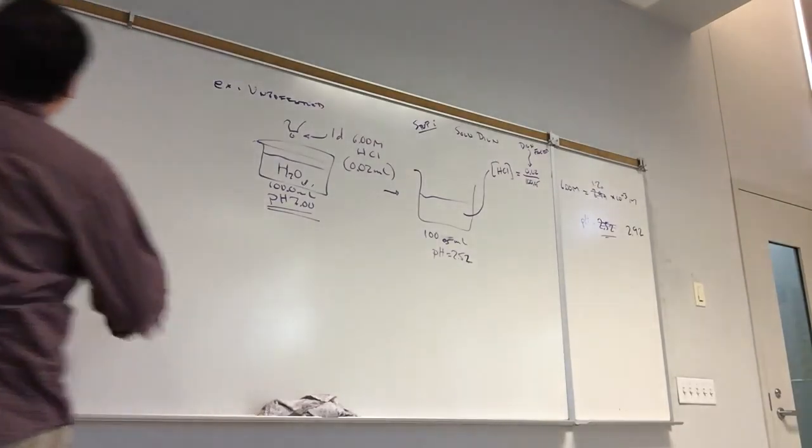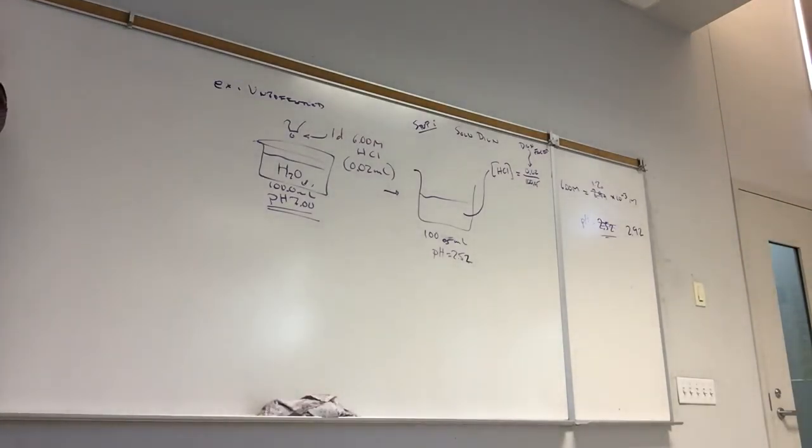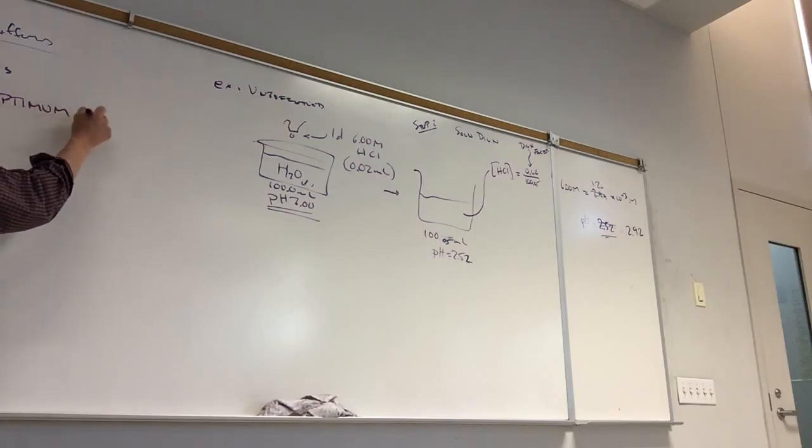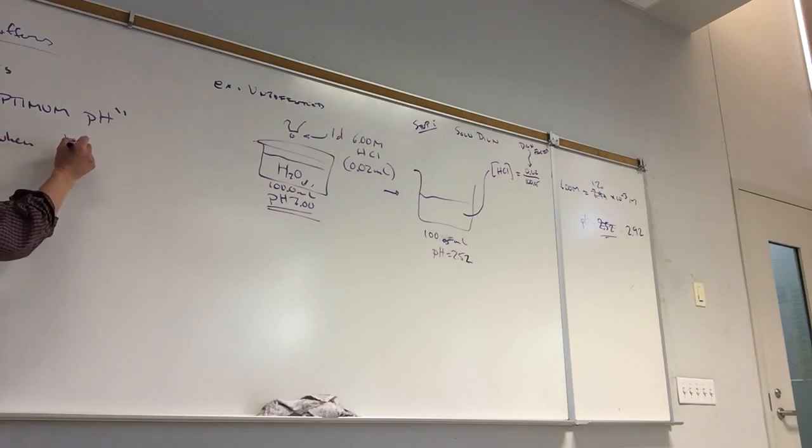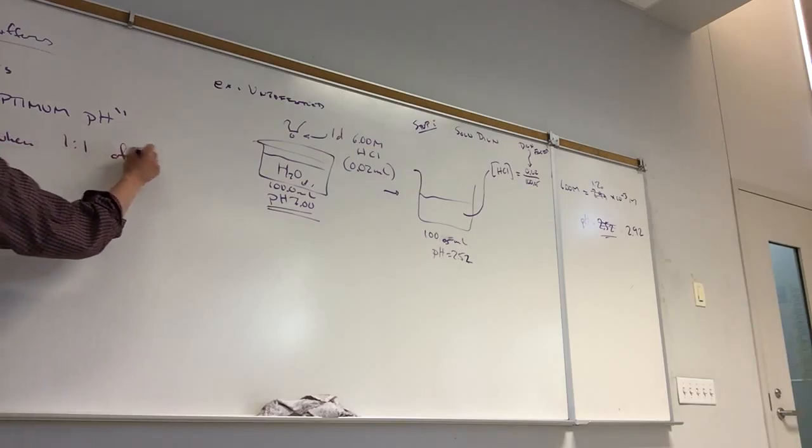And so let's take a look at Henderson-Hasselbalch buffers. We have some buffer concepts here. One of these will be something called optimum pH. The optimum pH is the pH when we have a 1-to-1 ratio of base to acid.